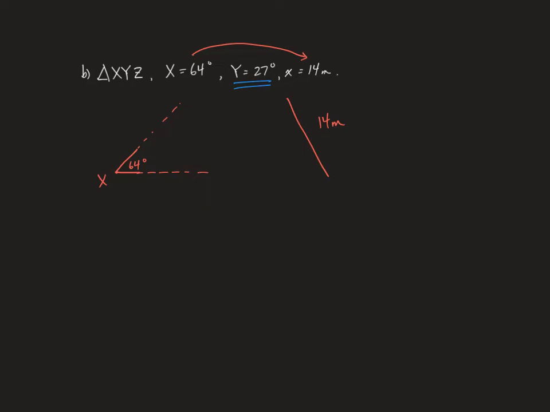So maybe I just declare this angle Y. I know that angle Y, 27 degrees, would be a relatively small angle. That means then that if I was to stretch out, that would now be the length of X.